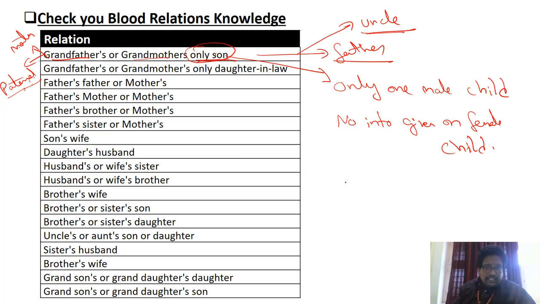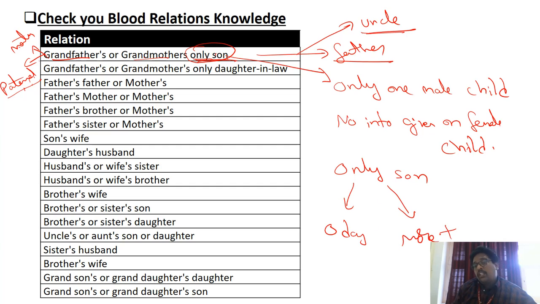So only son doesn't mean this couple has only one child. It means this couple can have zero daughters or more than one daughter. If you have one son and one daughter, you can't use the term only son. Suppose I have two daughters and one son, I can say my only son is an engineer.